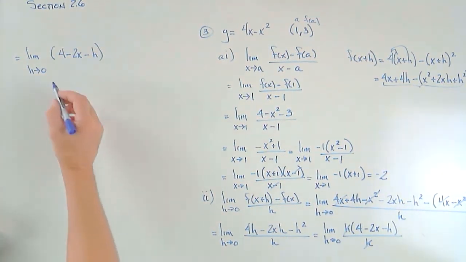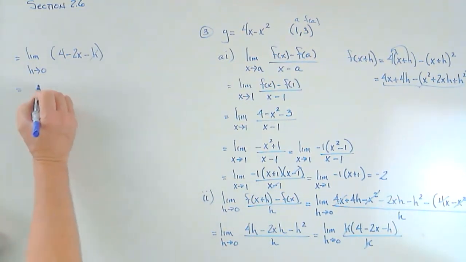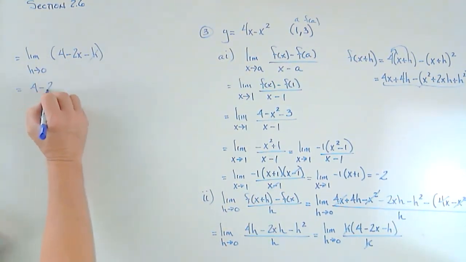Now, as h goes to 0, this disappears, and we're left with 4 minus 2x. That's what we get. We get 4 minus 2x.